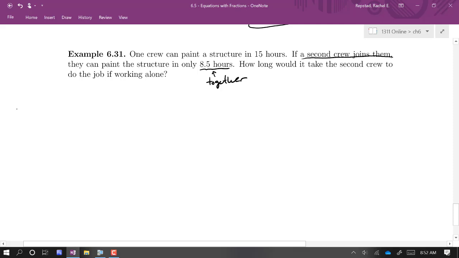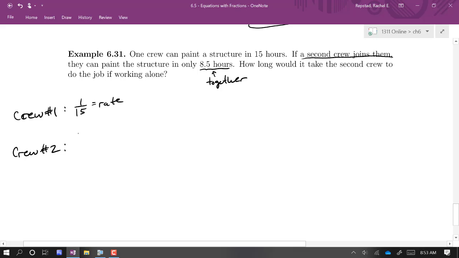Well, let's try to set it up like we did the last one. So we have crew number 1 and crew number 2. Crew number 1, they give us a rate. It says it can paint the structure in 15 hours. So that's like 1 structure per 15 hours. That's its rate, 1 over 15. Crew number 2, we don't know how long it takes.